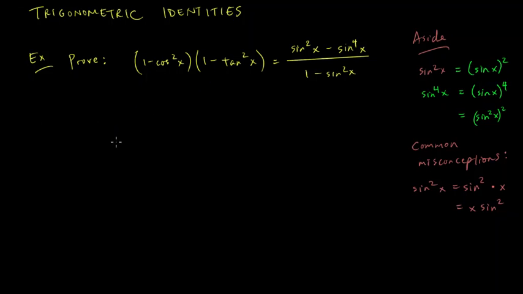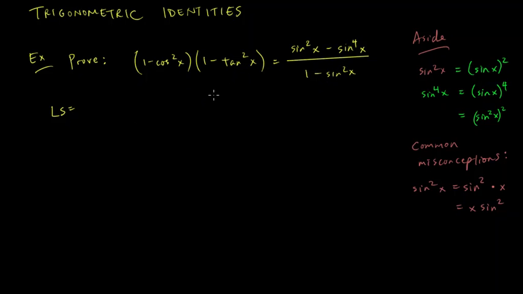I'm just going to go with the left side because I've got a cos here and a tan here, whereas over here I've got all sines.